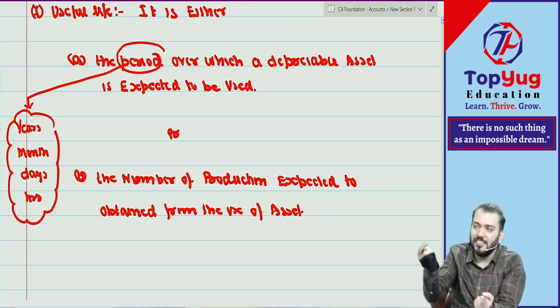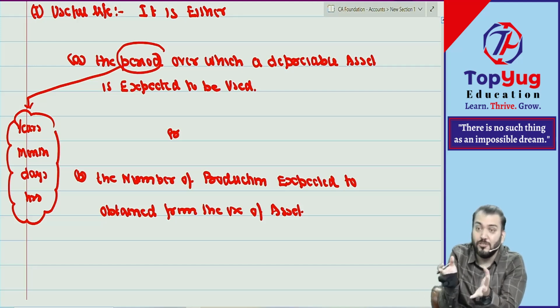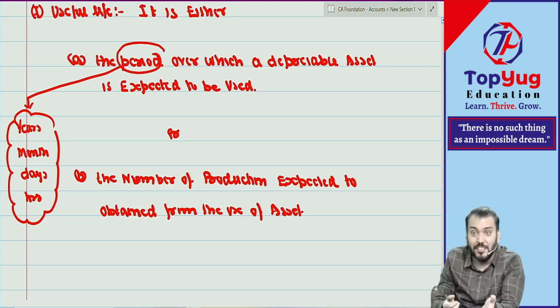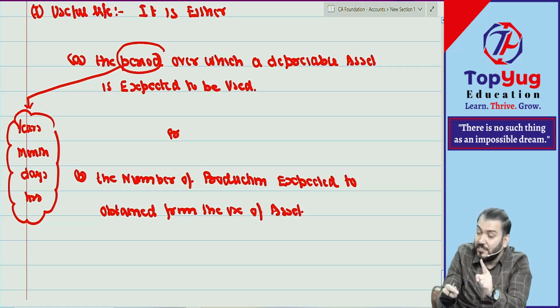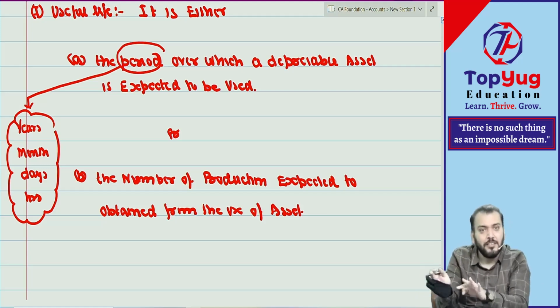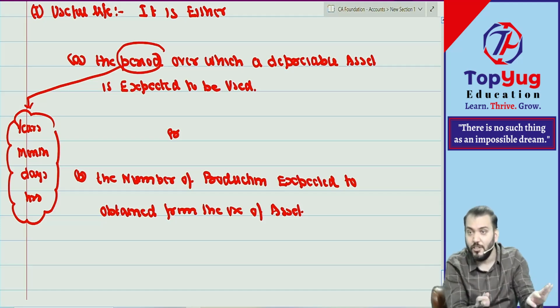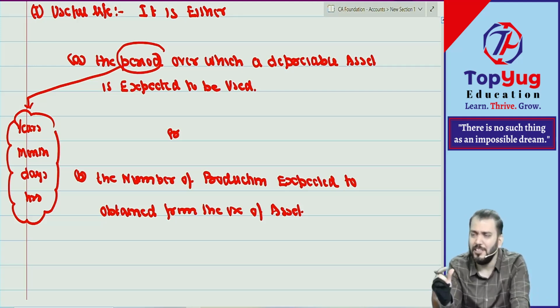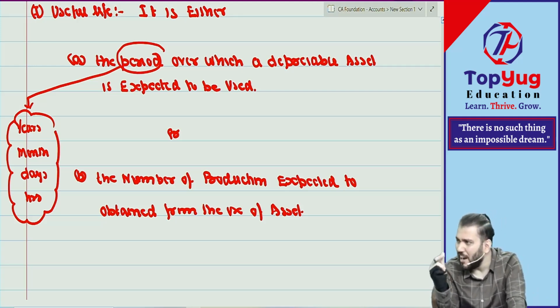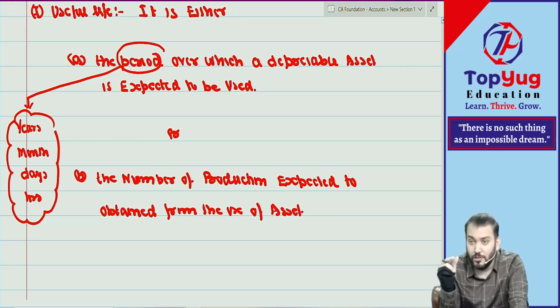So the useful life is based on the number of units which can be extracted. It can be extracted in 1 year, 2 years, 3 years, 4 years, but once 10,000 tons is extracted, the life is over. For example, if you have used a printer, a printer has a cartridge. If you purchase a cartridge, have you purchased a cartridge?